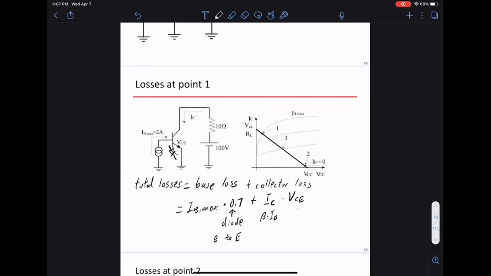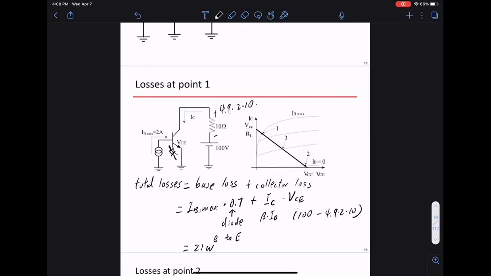The voltage across the transistor is 100, the source voltage, subtract the voltage I got across the load. This load voltage drop is 4.9 times 2 times 10. If you sum all this up, you get about 21 watts of loss.